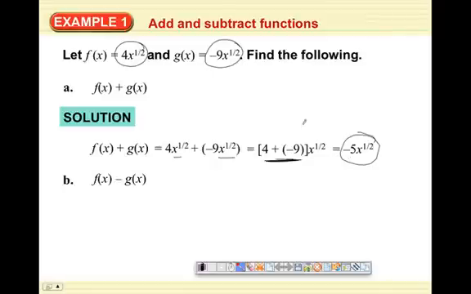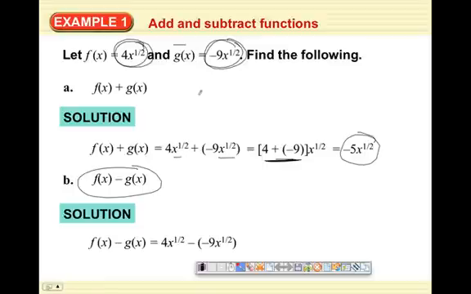Now, next one. What is f of x minus g of x? Same thing. Plug it in. This minus this. 4 minus negative 9x to the 1/2 becomes 13x to the 1/2. Now, so you all understand how to get this.